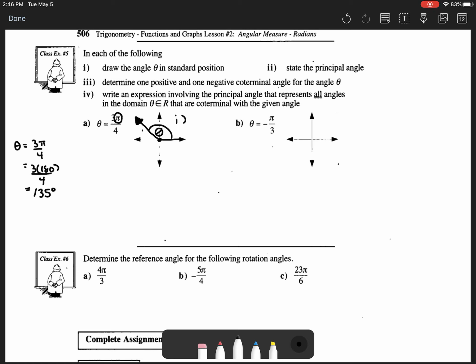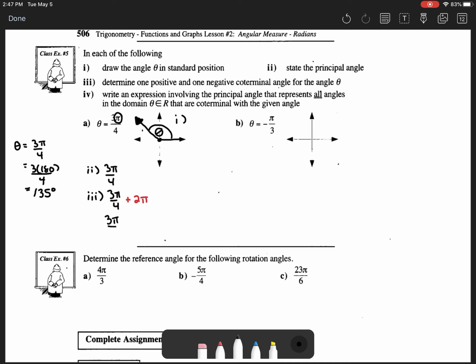So here is step 1: I drew the angle in standard position. Part 2 is state the principal angle. The principal angle is the angle that was given, so that's 3 pi over 4. Part 3 now says find one positive and one negative coterminal angle. To find a positive coterminal angle, I would have to add 2 pi.